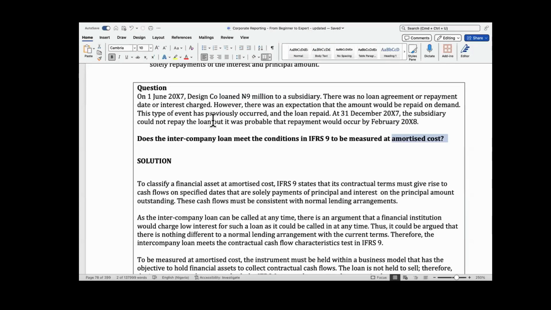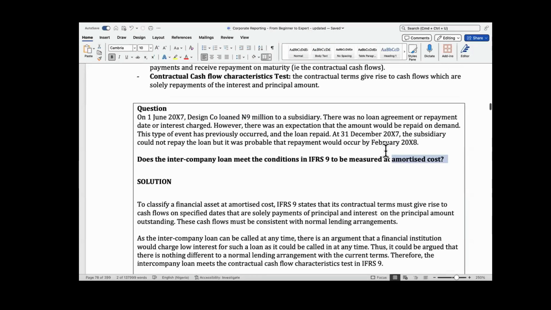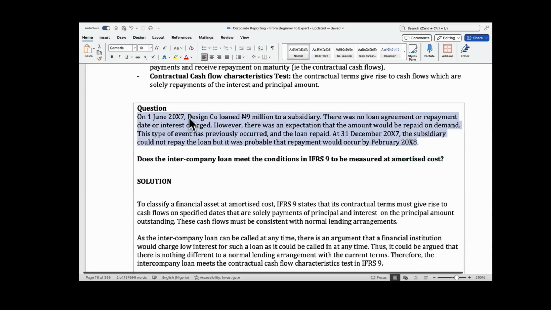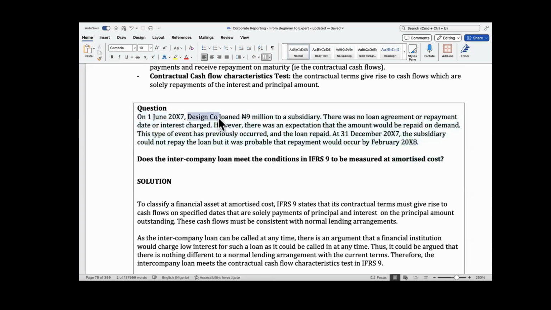Okay. So in as much as this guy is not intending to sell the financial assets, he's not intending to liquidate it anytime soon, that is waiting to collect his money back at maturity. That's his intention. Then that's amortized cost.